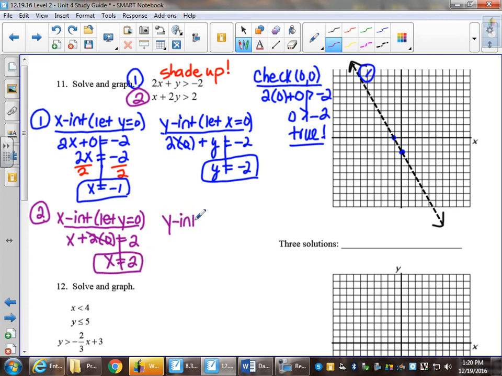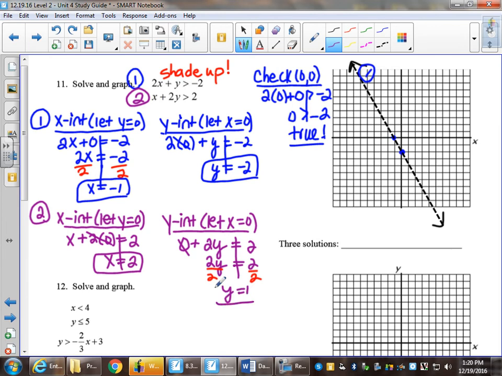For the y-intercept, let x equal 0. So I get 0 plus 2y equals 2. This one is also nice. Divide by 2. Divide by 2. We get y equals 1. So plotting that, x equals 2 for the x-intercept, y equals 1. From my inequality sign, I know that this will also be a dashed line. Let's check 0, 0 really quick.